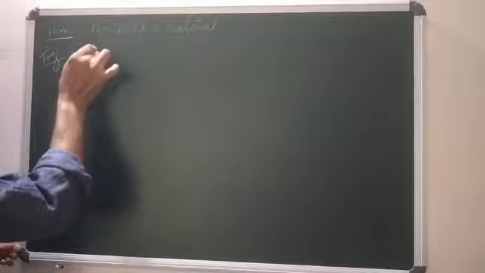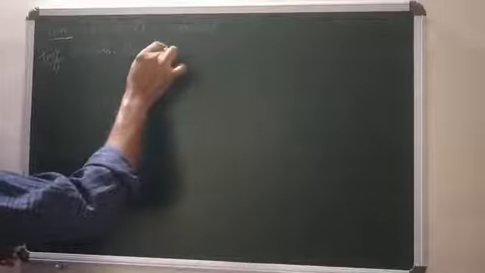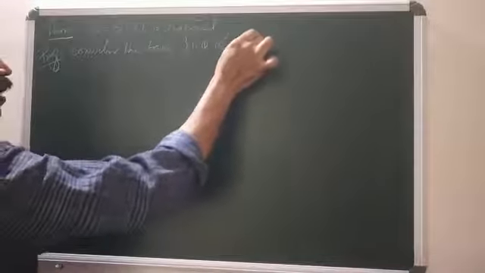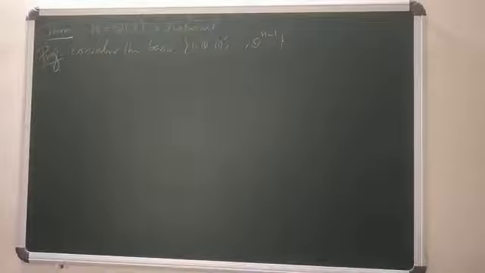The proof: consider the basis. Which are the bases? The basis 1, theta, theta squared, up to theta power n minus 1. The conjugates of theta are theta 1, theta 2, up to theta n.